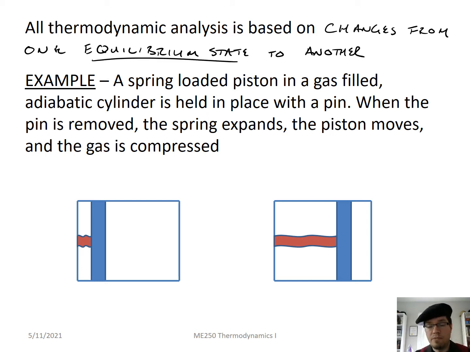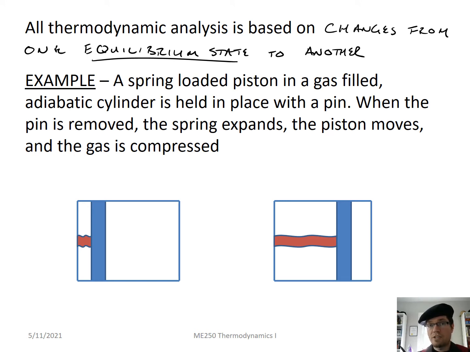Partially, this is, as I said on the last slide, we don't have an absolute amount of energy, we have a change in energy from one state to another. But it's also based upon the fact that we need, in thermodynamics, to deal with equilibrium states. We need to consider the state at the beginning, the state at the end, and maybe the quasi-equilibrium states that it moves through from one to the other.